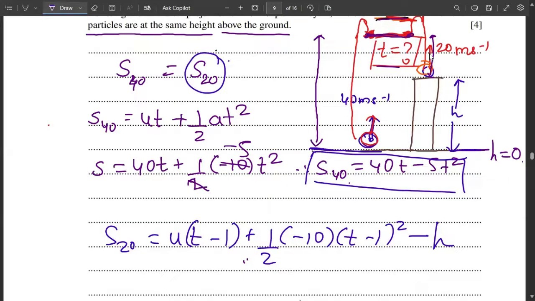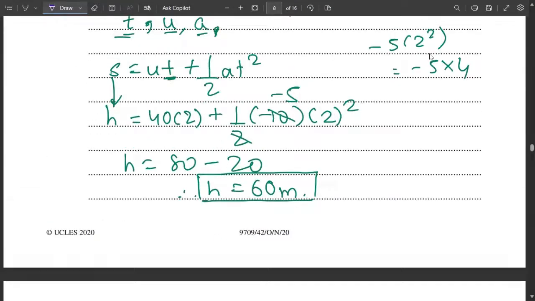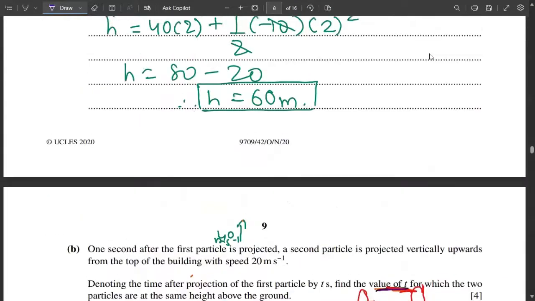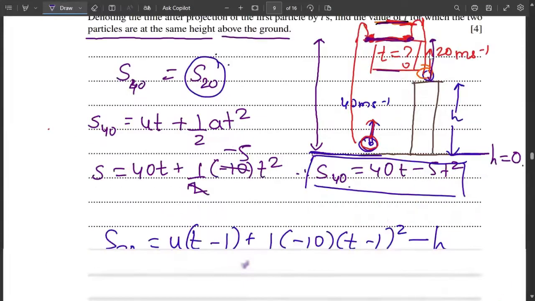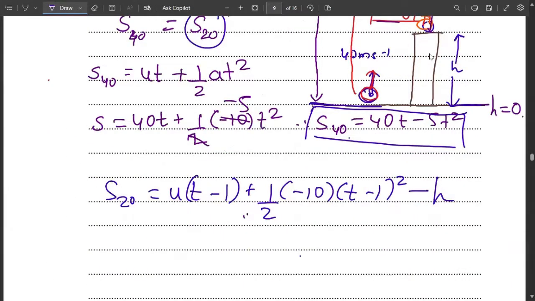So the displacement here, h is 60. We already found out the height will be 60. So instead of minus h, we can simply write minus 60.